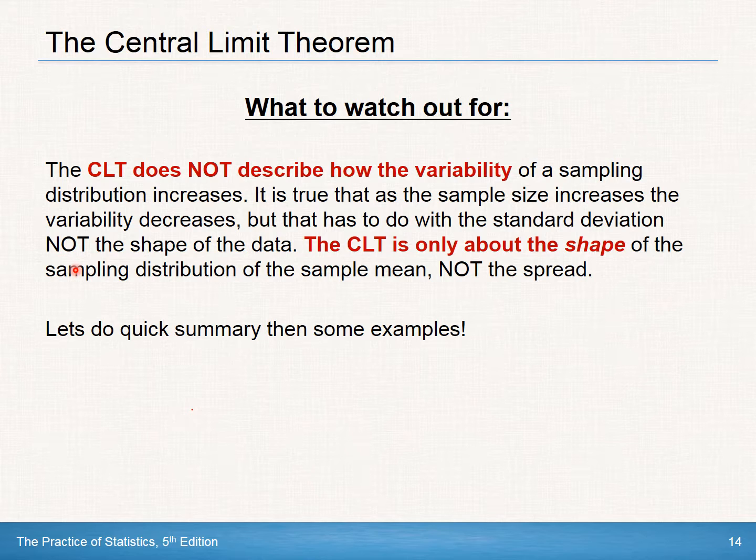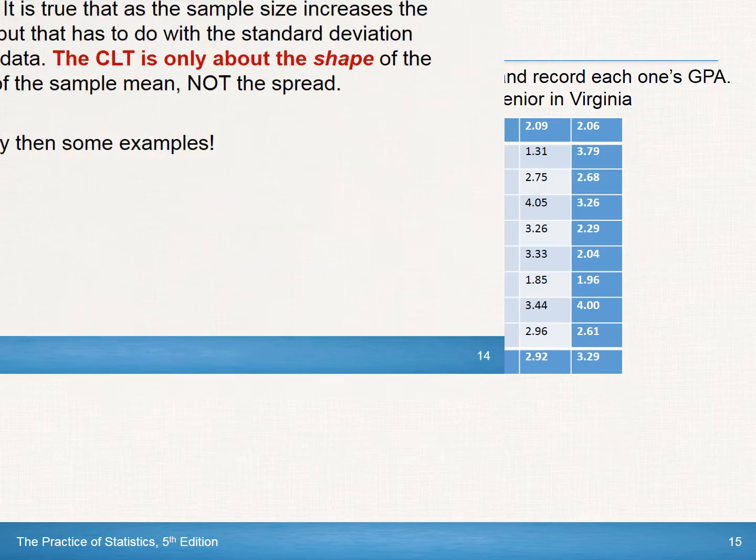That has to do with your sample size, because your standard deviation is divided by the square root of n, and a larger sample size makes the denominator larger, but your number smaller. The central limit theorem is only about the shape of the sampling distribution, not the spread. All right, let's just do a quick summary and then take a look at some examples.